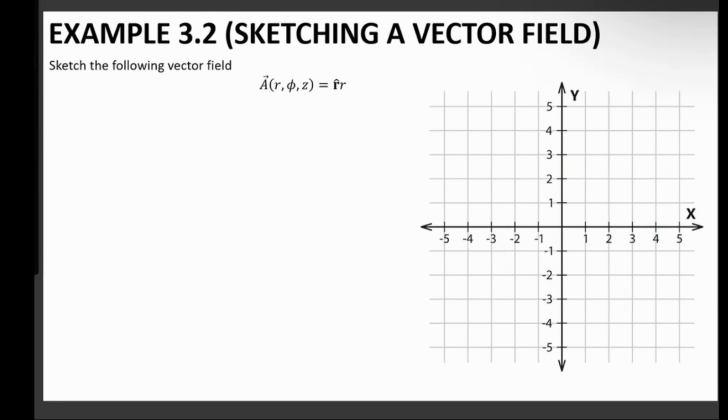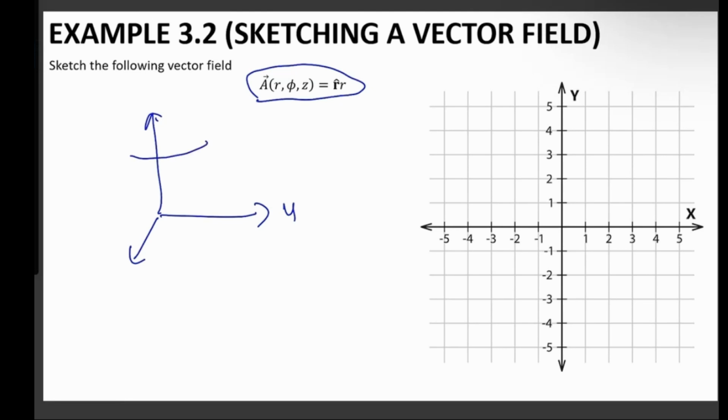Okay, next is example number 2. This one is a cylinder. We know that the coordinates for a cylinder will be r, phi, z.